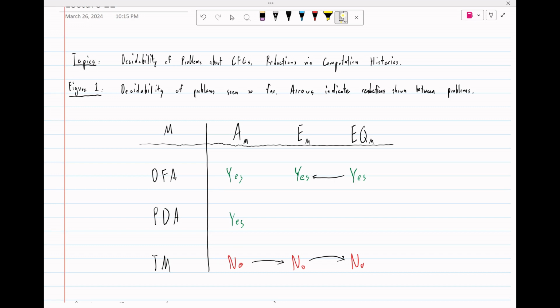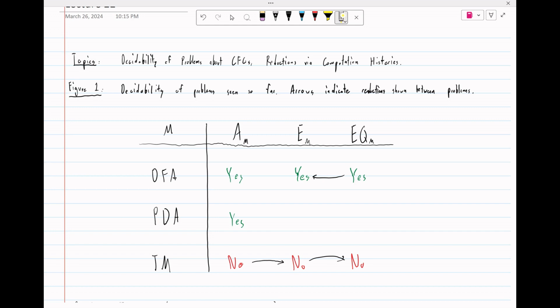The hope was that as we get a better understanding of what we can and can't do with reductions, we could develop a technique powerful enough that we can leave this abstract land of decision problems about models of computation, automata and languages, and start talking about the decidability of more concrete problems you might see in the real world, like the post-correspondence problem, which I introduced last time.